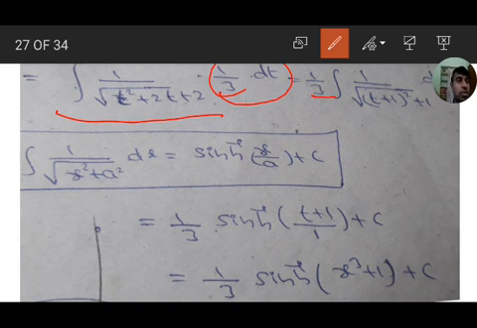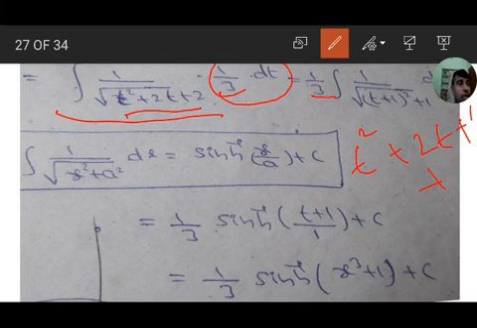1 by 3 outside, and t square plus 2t plus 2. 2 can be written as 1 plus 1. That is, this t square plus 2t plus 1 can be written as t plus 1 whole square, plus 1.